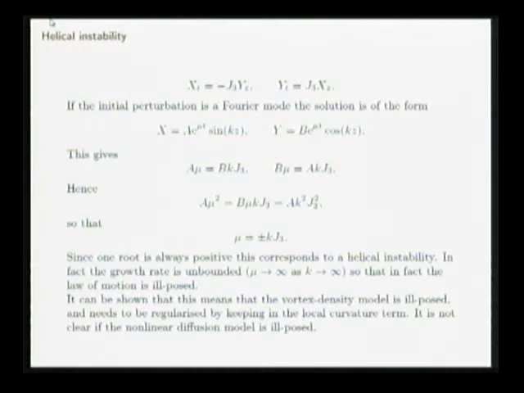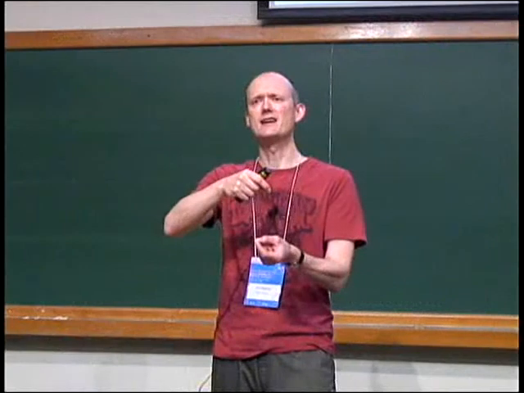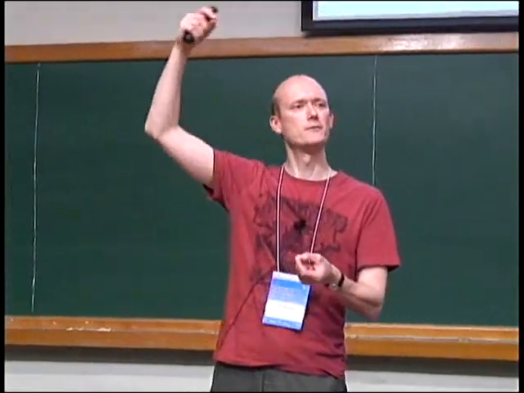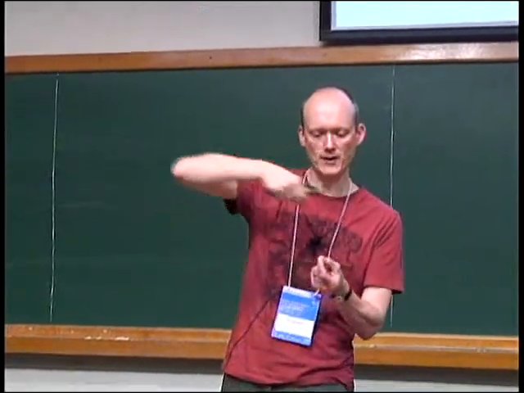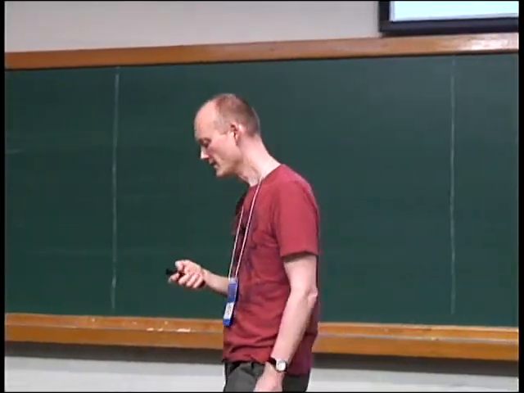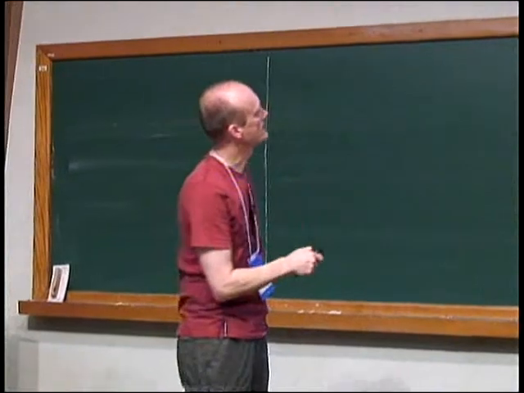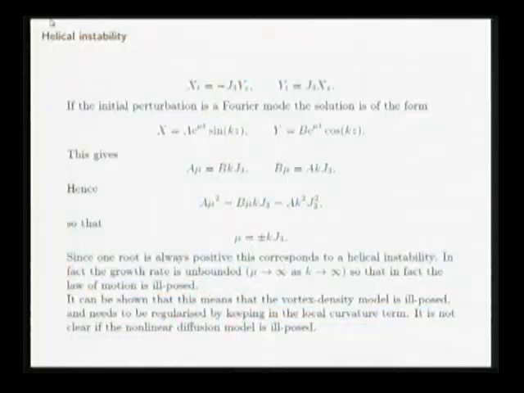With x being sine kz and y being cos kz, they're going around a circle as z increases. So that means this is a helix. This is the helical instability of a uniformly translating vortex, which happens whenever J3 is non-zero.